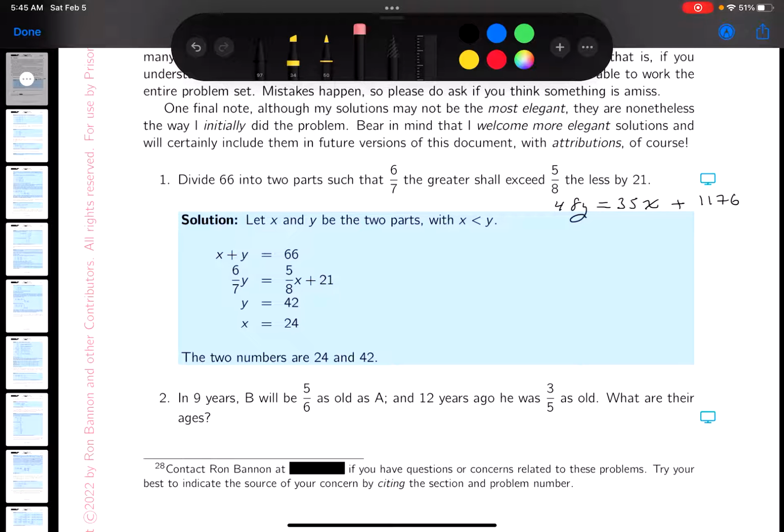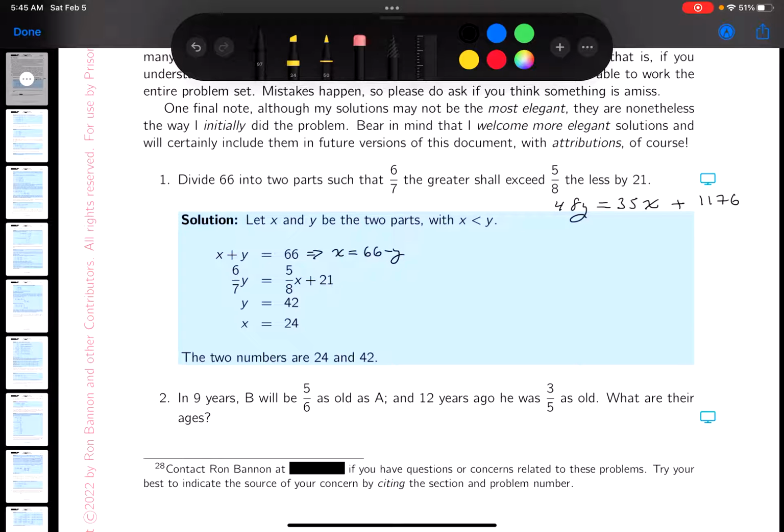All right, so what I want to do now is, I realize I have two equations, two unknowns. So I'm going to take the first equation, which is x plus y, and I'm going to solve it for x. Let's write this down for you. x will equal 66 minus y.